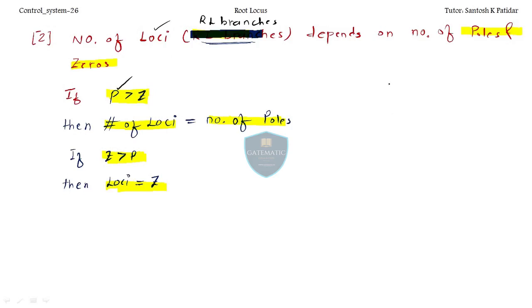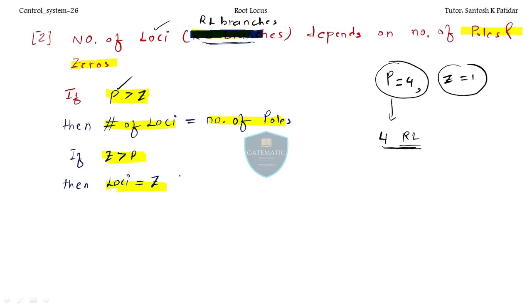What it means is, in your system, if you have poles equal to 4 and zeros equal to 1, you will definitely have 4 RL branches. Similarly, if zeros are greater than poles, then the number of zeros is equal to the number of loci.